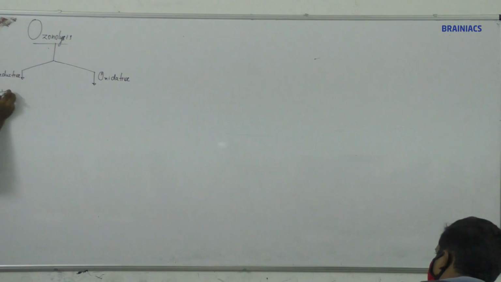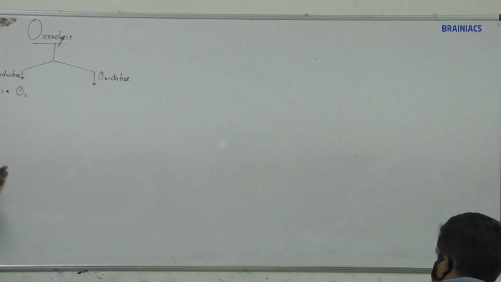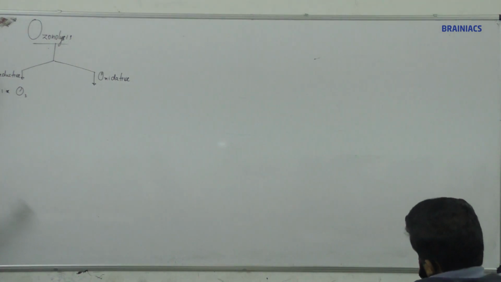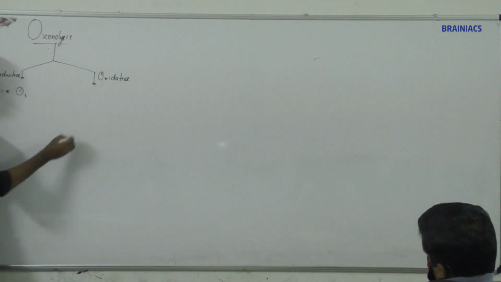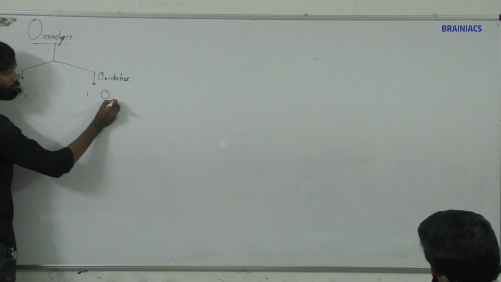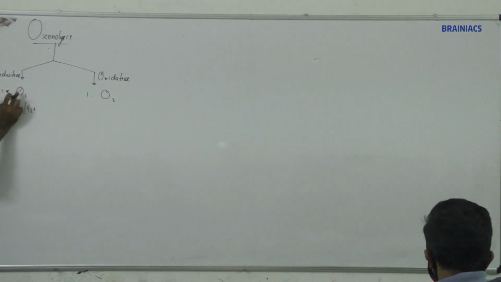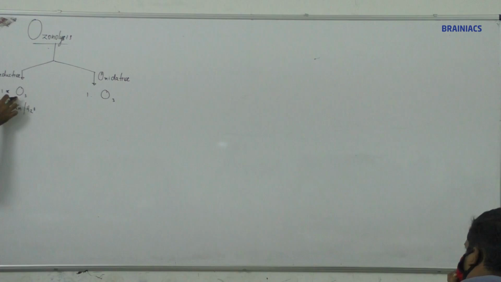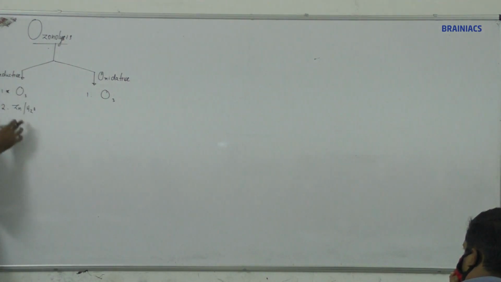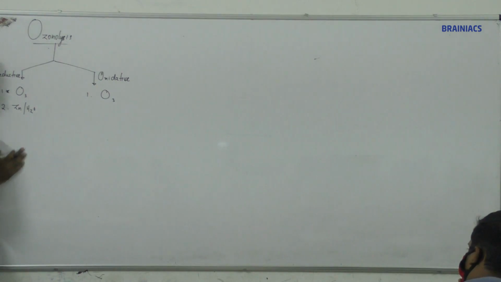Then what is the difference? In reductive ozonolysis, in the first step, the ozone is added in presence of CCl4, or simply ozone will be there. In oxidative ozonolysis also, the first step is addition of ozone. But in reductive ozonolysis, the second step: once you add ozone, it forms ozonide, and the ozonide on treatment with zinc in H2O is said to be reductive.